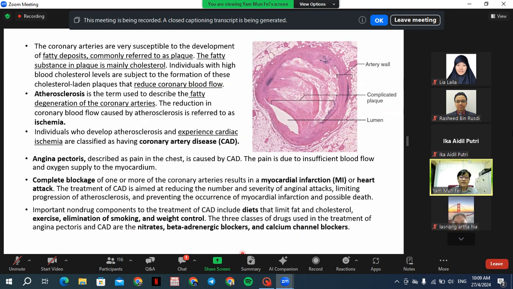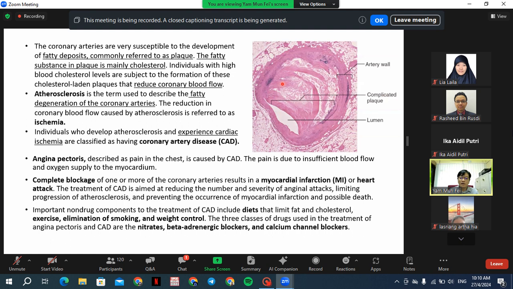So, what is a coronary artery? It is the artery that supplies blood to your heart. The problem is that these coronary arteries are susceptible to forming plaque. Compared to other arteries in your body, they tend to get fatty deposits more easily. Look at the right picture here.